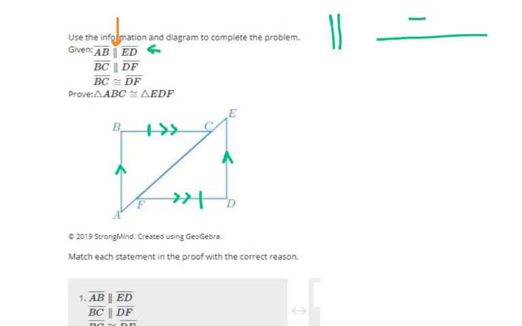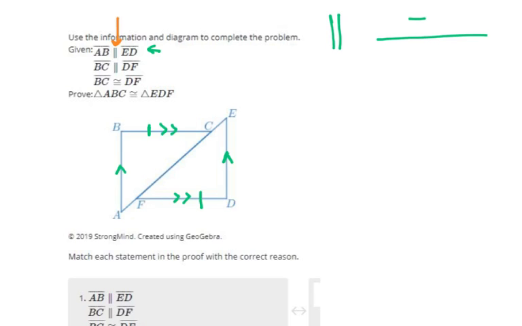Okay, so I like to look at what we have, and then let's keep looking at other things about this. We want to prove those angles are the same. So we have 2 sides of this that are the same. Do we know anything about AC or EF?